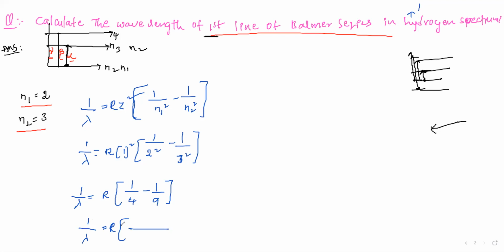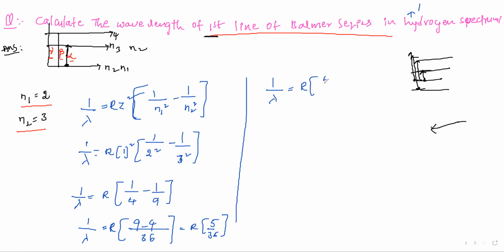The LCM of these two is 36. So 9 minus 4 over 36, that equals R into 5 by 36. So 1 by lambda equal to R into 5 by 36.